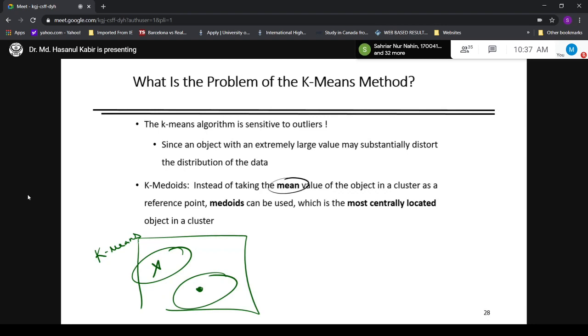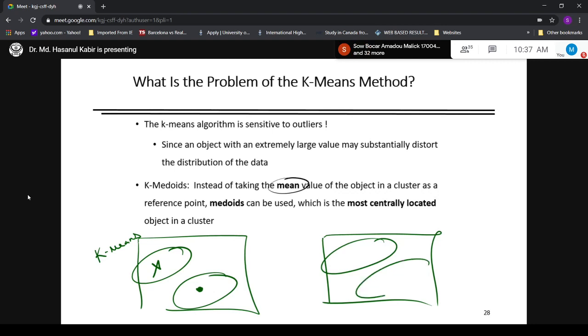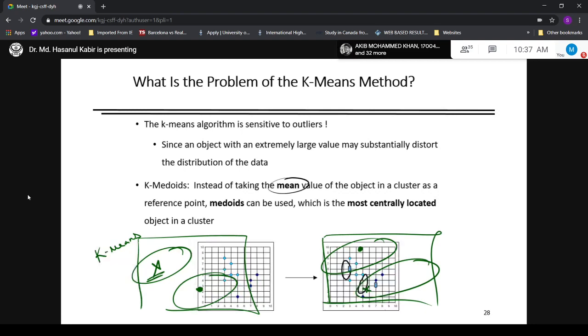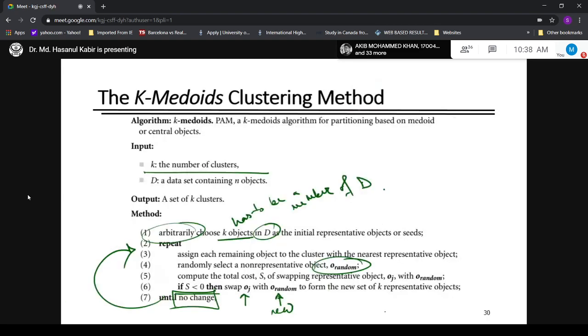But in k-medoids, whenever we have defined the cluster membership, we don't compute the centroid as an average. Rather, we have to pick one of the members as the center of the cluster, and then check the class membership and compute this criteria function. So it's very simple actually.